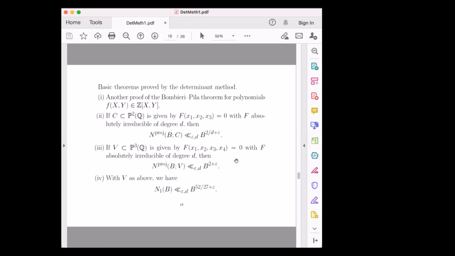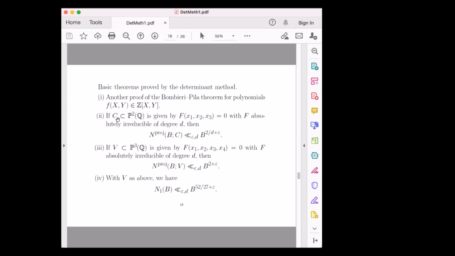So here are some of the basic theorems proved by the p-adic determinant method. First of all, it will give another proof of the Bombieri-Pila theorem for polynomials in 2 variables. So whereas this theorem was proved by real analytic methods, you get exactly the same theorem by p-adic methods.